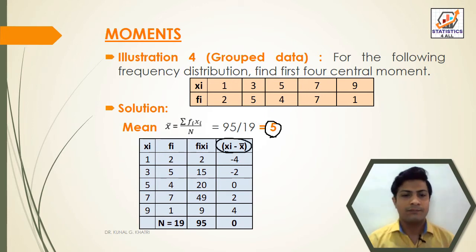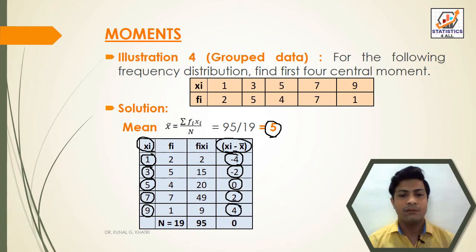So here xi 1 minus 5, we get minus 4, 3 minus 5, that is equal to minus 2, 5 minus 5, that is equal to 0, 7 minus 5, that is equal to 2, 9 minus 5, that is equal to 4. Now we'll take the sum of xi minus x bar, we get value 0.